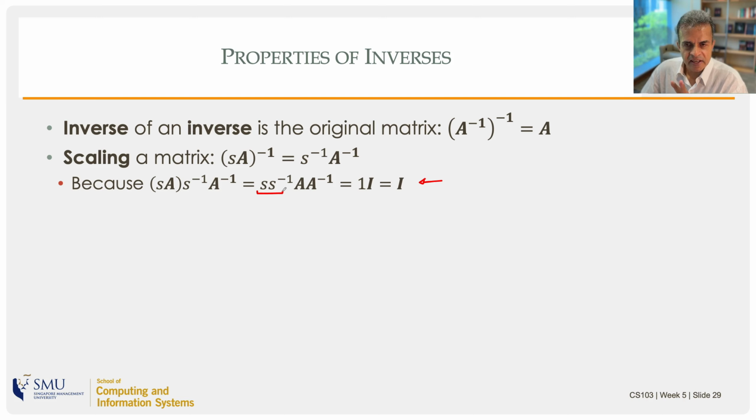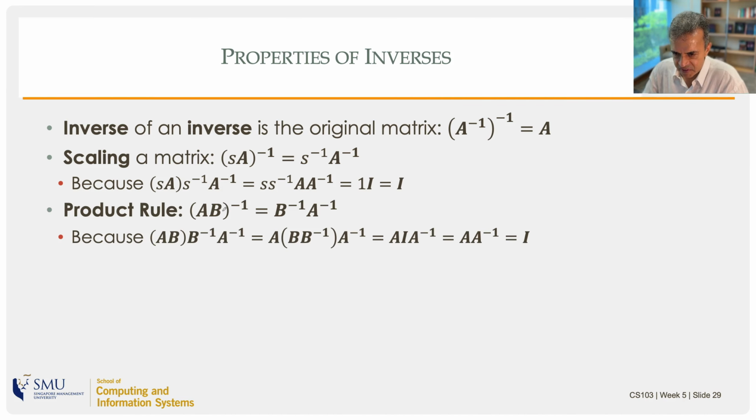In other words, sA is the same as As, so you can actually move those things around. And s times s inverse is s divided by s, that is 1. And A times A inverse is I, so this is I. So sA is indeed the inverse of s inverse A inverse and vice versa.